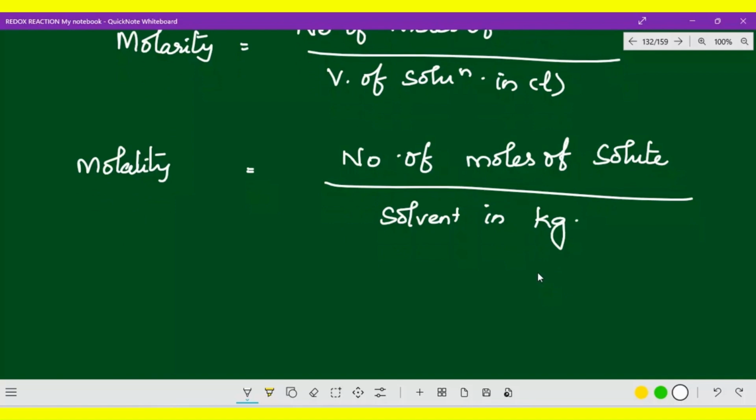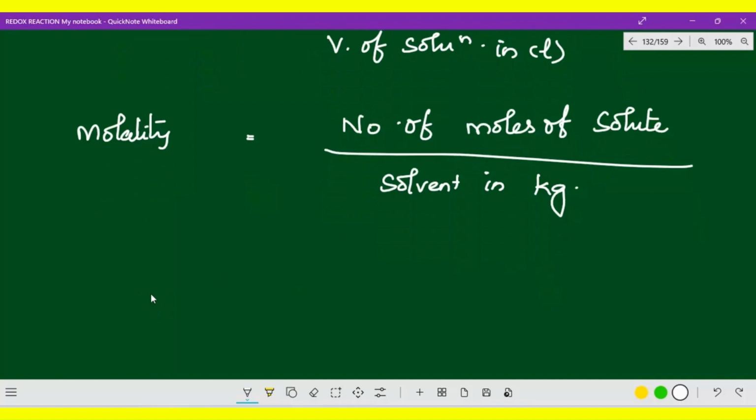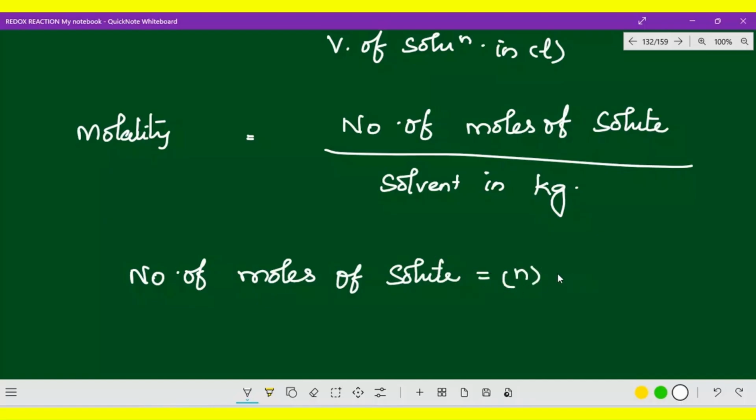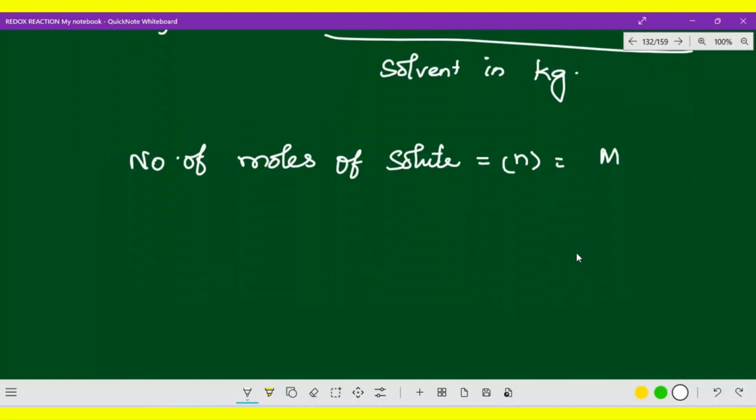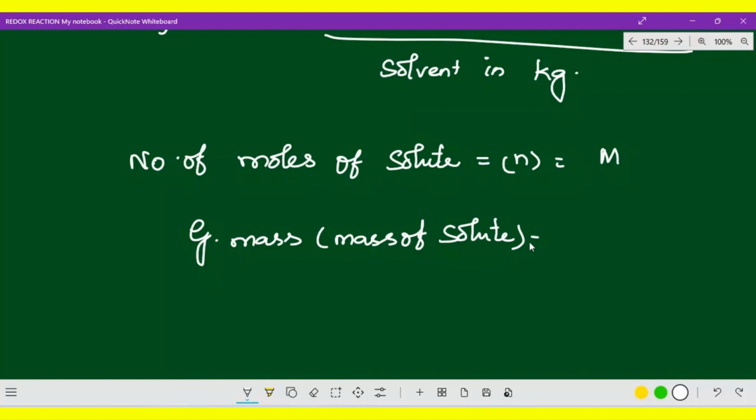Okay, now given mass, how to identify? Number of moles of solute, this is a small n. This is capital M, molar mass, capital M1 they mentioned. So this is the given mass. Number of moles of solute is n, and mass of solute is the given mass. So how do we identify the mass of solute?